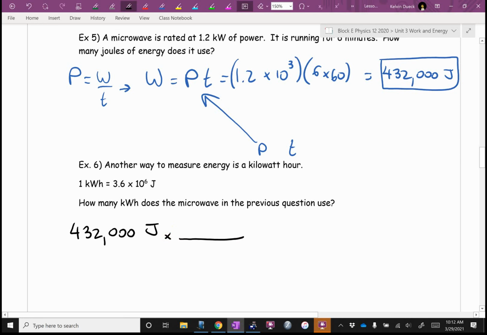Marcella, I want joules to cancel. Where's it going to go in my next fraction? On the bottom. And I guess I'll put kilowatt hours on top. And again, here's my conversion factor. So I guess a 1 is going to go right there. And a 3.6 times 10 to the 6th is going to go right there.